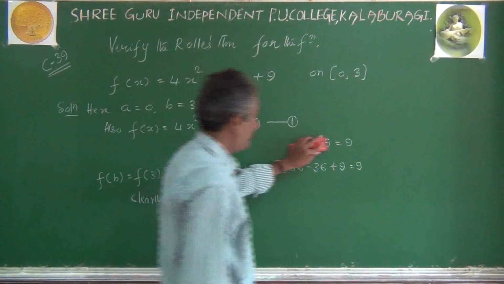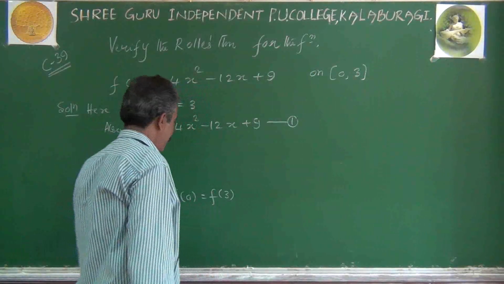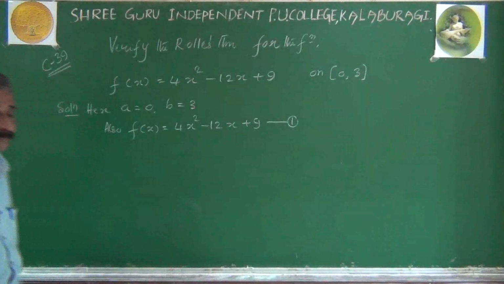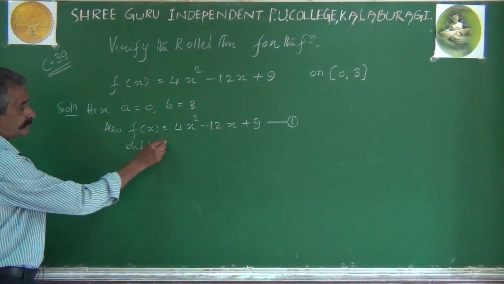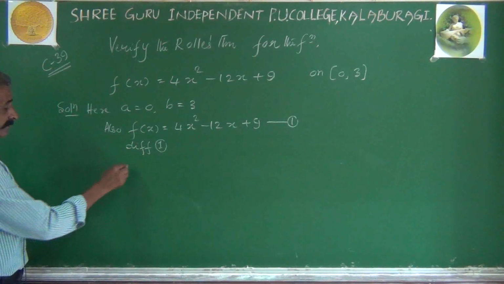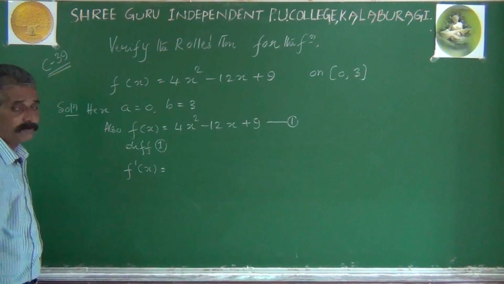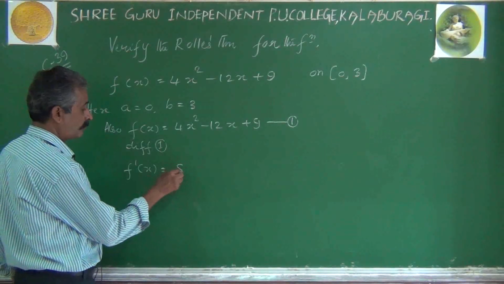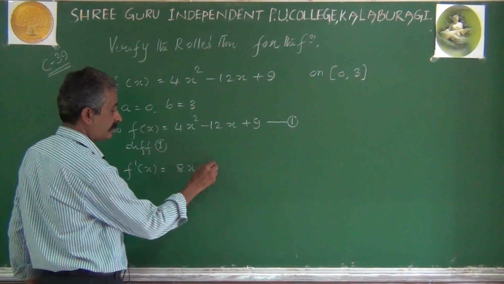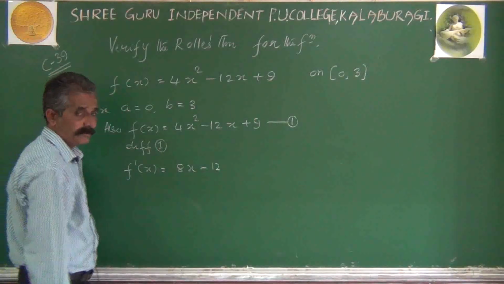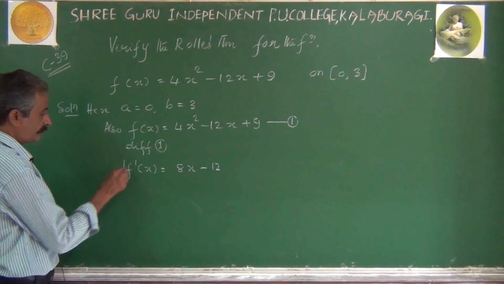To find f dash x, let's differentiate equation 1 with respect to x by earlier known methods. Differentiating 1 with respect to x, f dash of x, right side: differentiation of x square is 2x, into 4 becomes 8x, minus differentiation of x is 1, into 12 remains 12, plus differentiation of 9 is 0, that is left out.